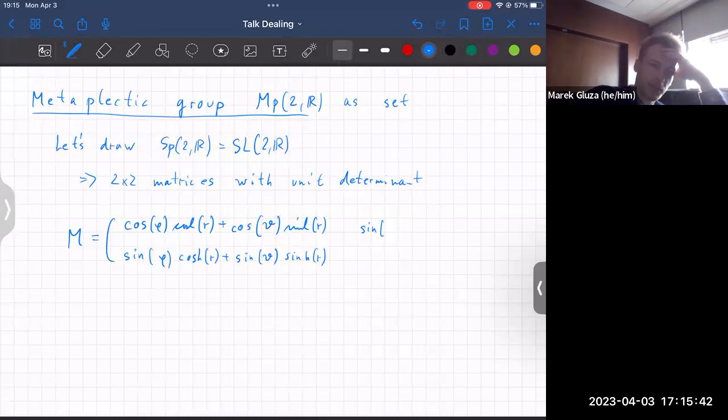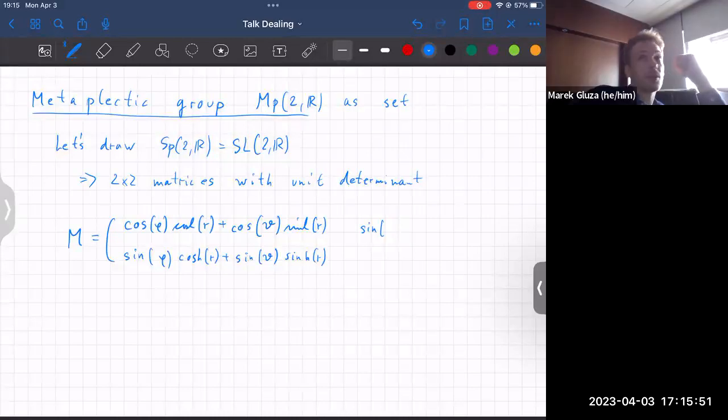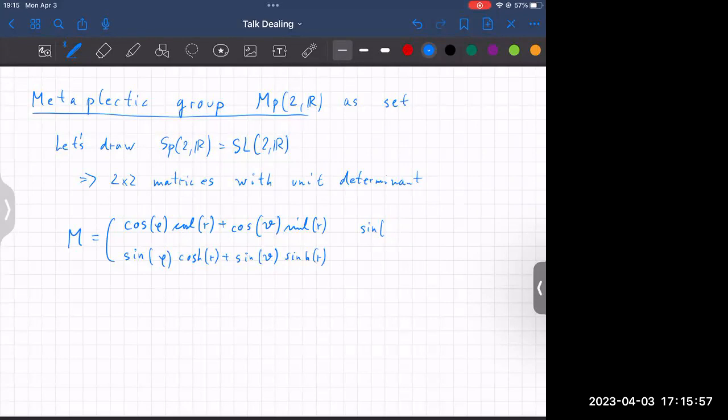So it's 3 variables: phi, theta, and r. Over the reals I have 4 matrix entries, but it's symmetrical and has unit determinant. Okay, I have it now, and I just switched to a slightly different naming.